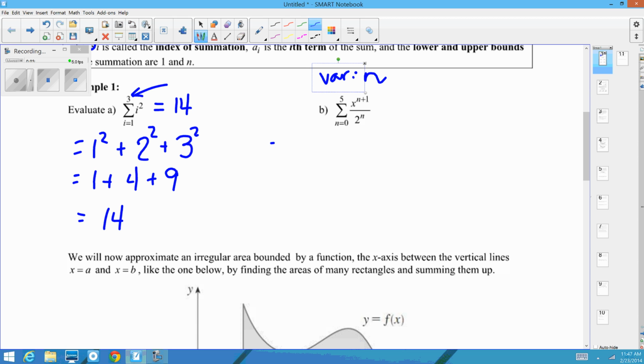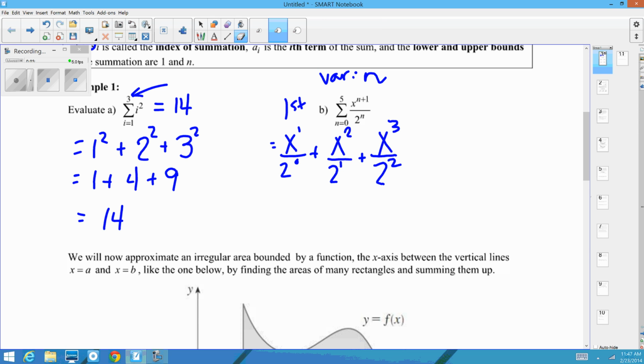So if you start this one, we start with 0. x to the 0 over 2 to the 0, plus x to the 1 over 2 to the 1, plus x to the 2 over 2 to the 2. This is like our n equals 0, n equals 1, n equals 2.